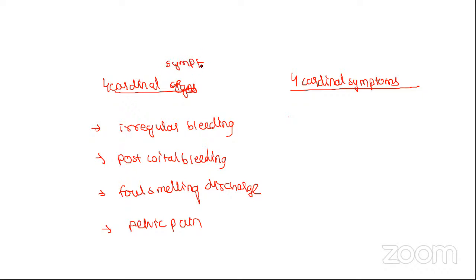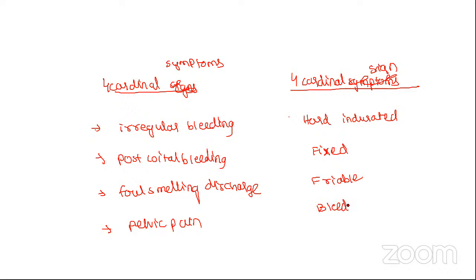The 4 cardinal signs are: it is a cauliflower-like growth, hard and indurated, fixed, and friable, so pieces can break off, and it bleeds on touch.